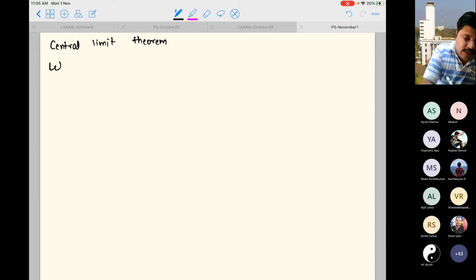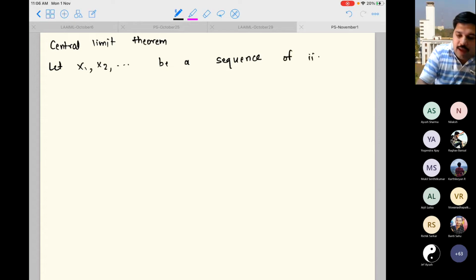Okay, so once again, let us quickly summarize. So x1, x2, xn be a sequence of IID, independent and identically distributed random variables with mean mu and variance sigma square. Okay, so this is what we have.